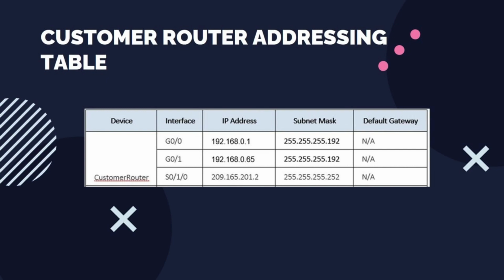As what I said just now, we need to refer to the customer router addressing table to do step 1D. So for the device customer router, the interface for Gigabit Ethernet 0/0, the IP address is 192.168.0.1 and the subnet mask is 255.255.255.192.